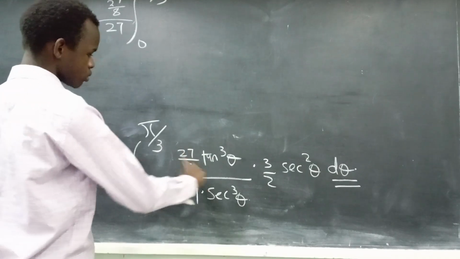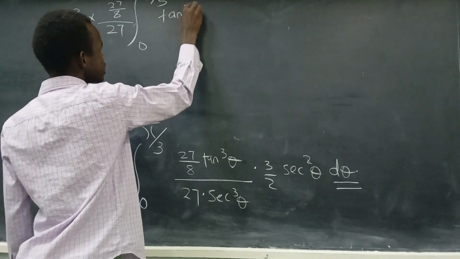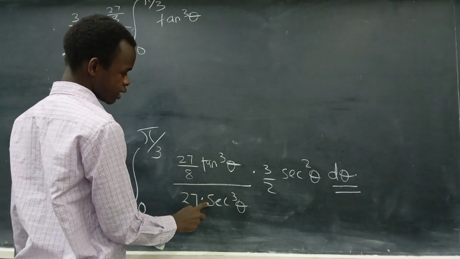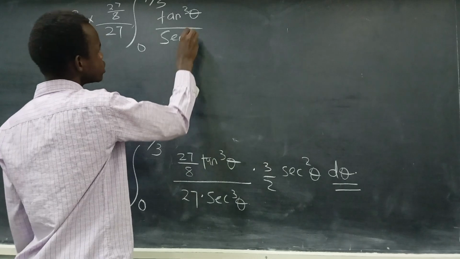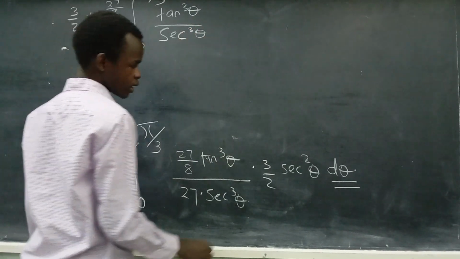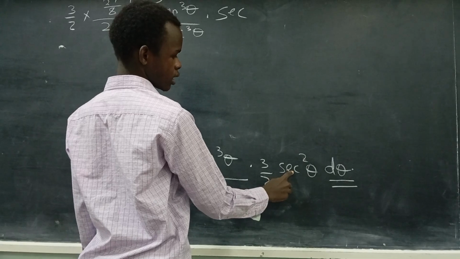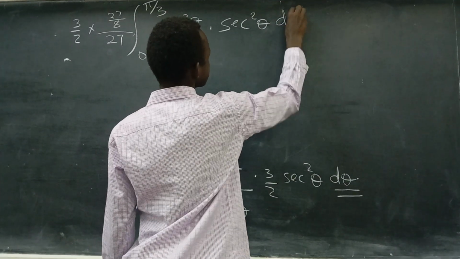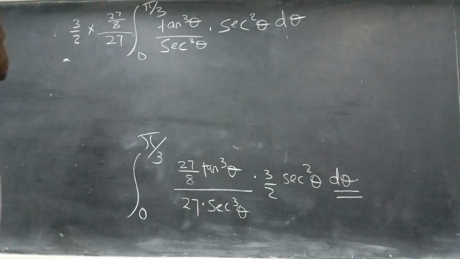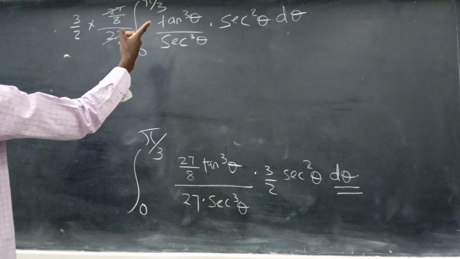As you can see, it will remain outside the integral, and it will be the integral of tan of theta divided by secant cubed of theta, multiplied by secant squared of theta d theta, right? So from there, as you can see, these will go with that using the reciprocal.